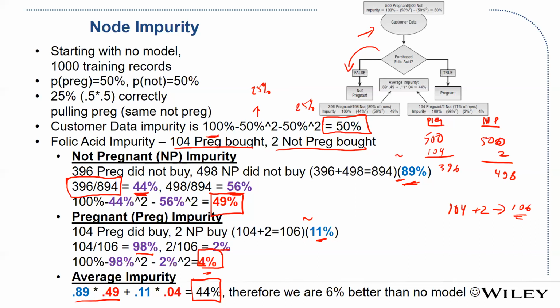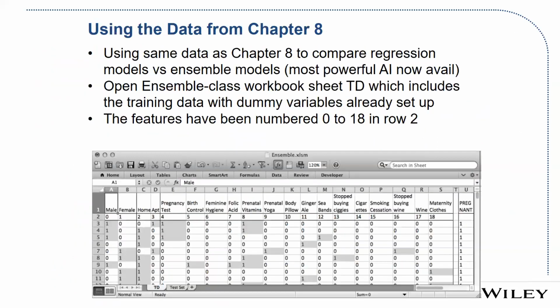Essentially, again, what we're doing is we basically compare the customer data, and we just take 1 weak learner buying folic acid. But in this case, we're going to have 18 of these, like male, female, home, apartment, quit ciggies, buying wine, bought the body pillows, and everything else we had before over in here.